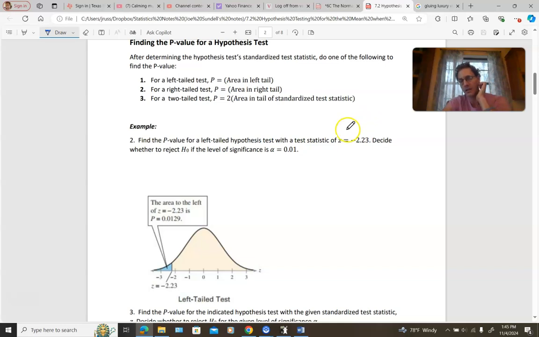Okay, so let's pretend that we had some hypothesized mean, and so if we standardized it, it would be 0. And we take a sample, we get that sample mean, and we standardize it, and it's negative 2.23. Okay, so it's way over here. So if we're performing a left-tailed test, then essentially what we're doing is trying to figure out how much area is to the left of this z-score, okay?